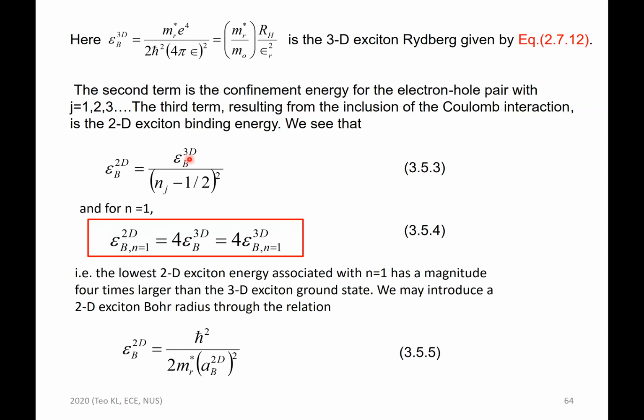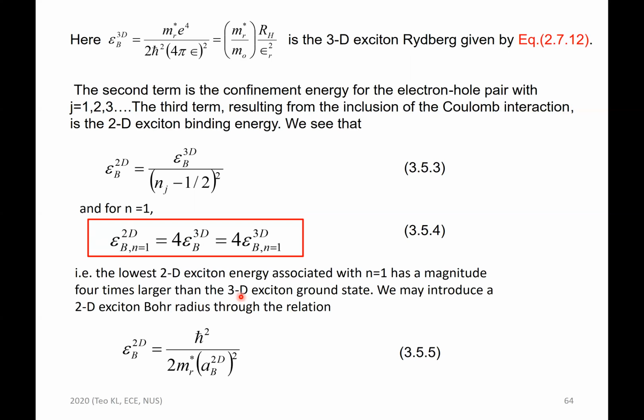For n equals 1, 1 minus half goes like a squared, and then that will give you 1/4 squared divided by 1/4 squared. That will give you 4 times the binding energy in the 3D case. So essentially, the binding energy for the exciton in the two-dimensional case is basically 4 times the binding energy of the exciton in the three-dimensional case.